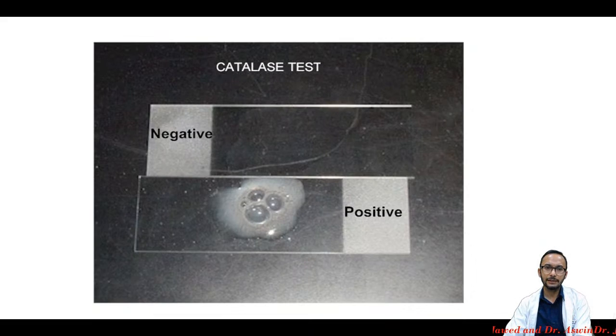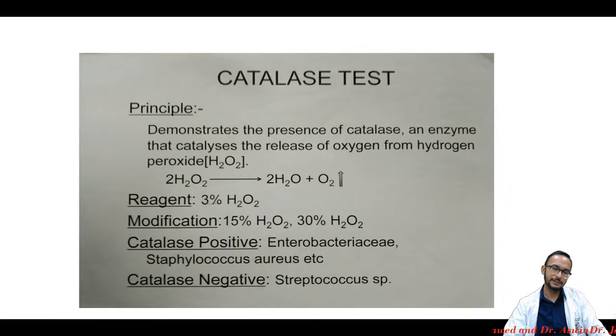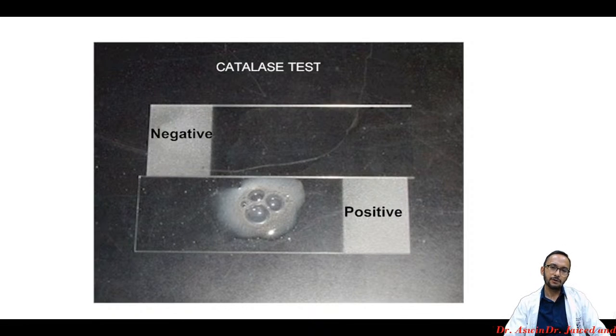Talking about the catalase test, which is used to differentiate the Micrococci and Streptococci: the principle is that organisms that produce the catalase enzyme decompose the hydrogen peroxide and produce oxygen and water. The oxygen that is produced causes the bubbling.